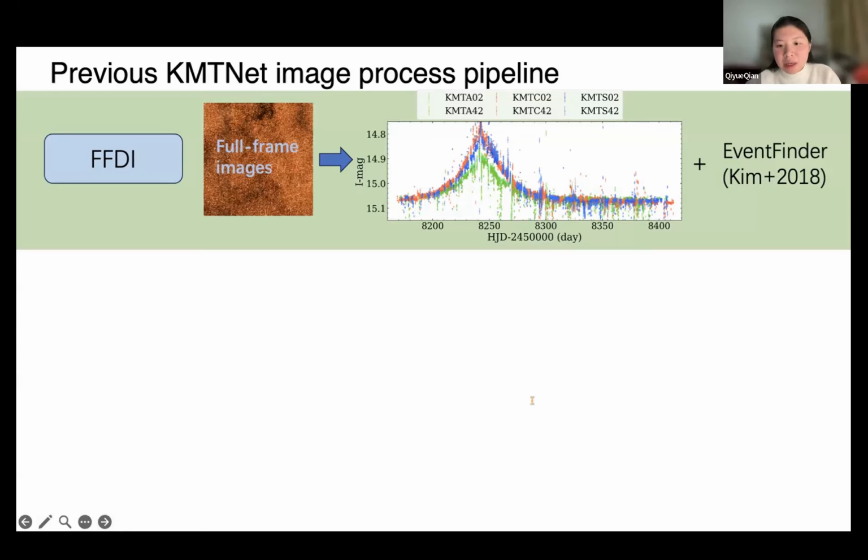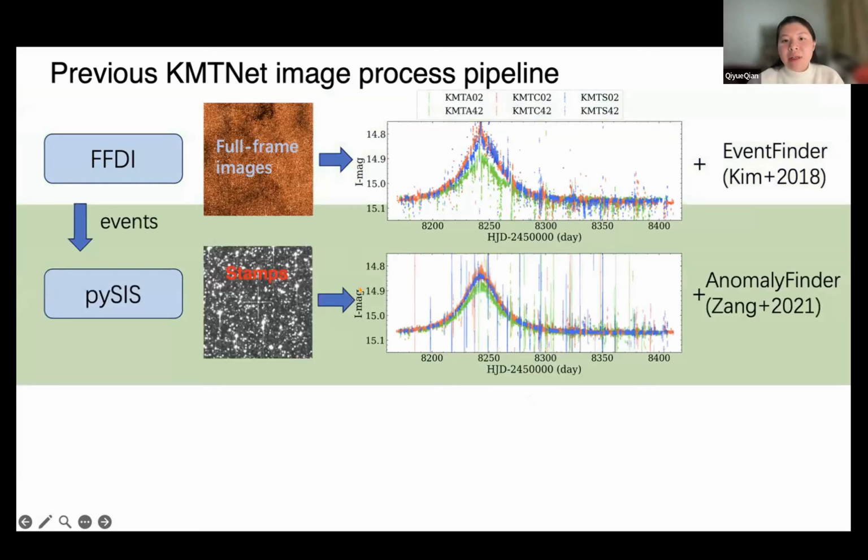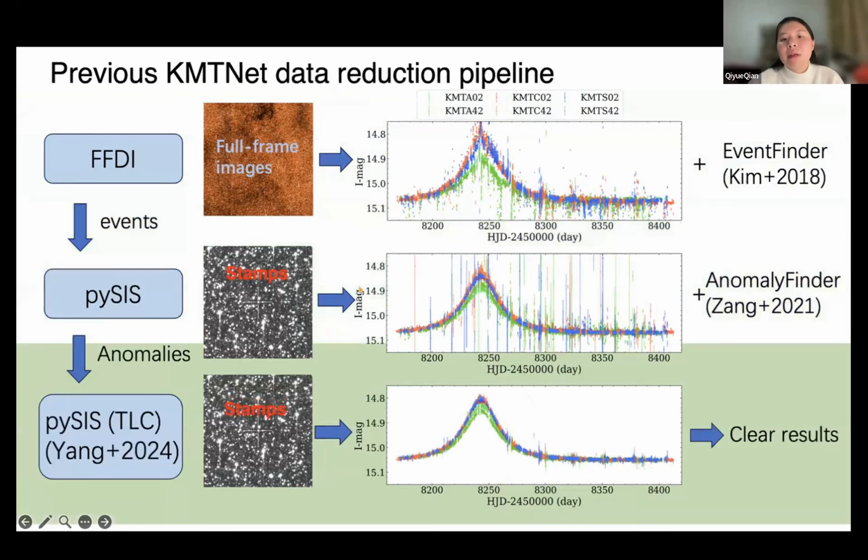In this step, the photometry is not so accurate but fast enough for the real-time reduction. Then they cut the stems around the detected events and use the pySIS to produce small preset light curves of these events and search for the planet anomalies on these events by anomaly founder.